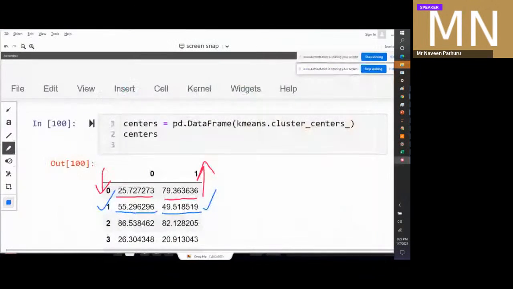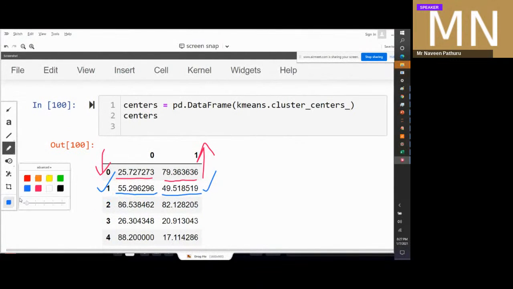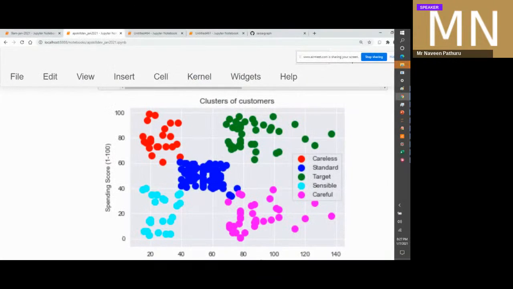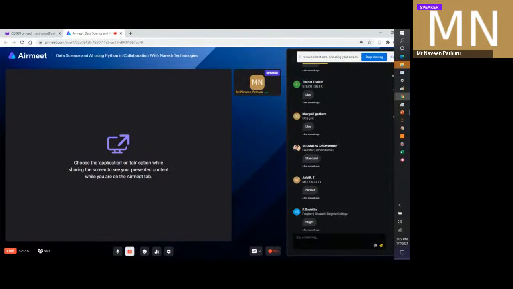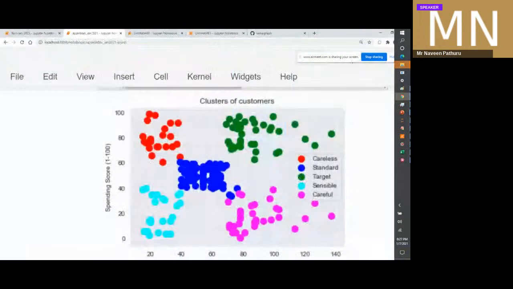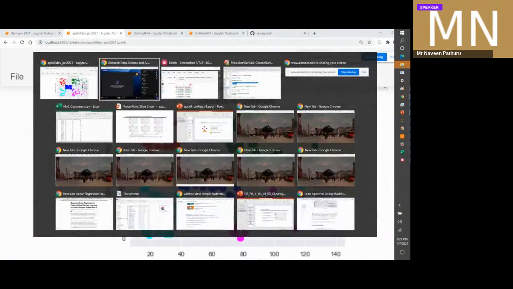That is their average income and average spending. Next, let's come to the next one. Their income is high, and also their spending is high, and that is our most favorite group. Who are they? Target guys.